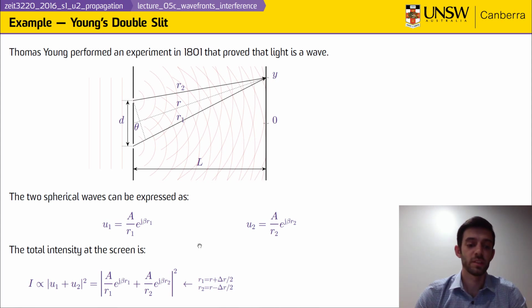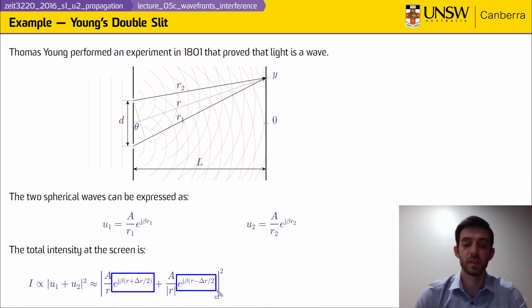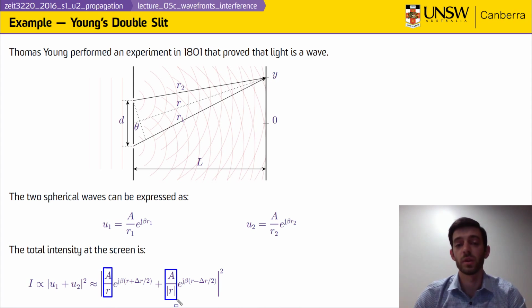Once we plug in those definitions, we can rewrite that calculation to produce exponentials with r plus delta r divided by 2 and exponential with r minus delta r divided by 2. As you can see here out front, we have a divided by r and a divided by r instead of a divided by r1 and a divided by r2.